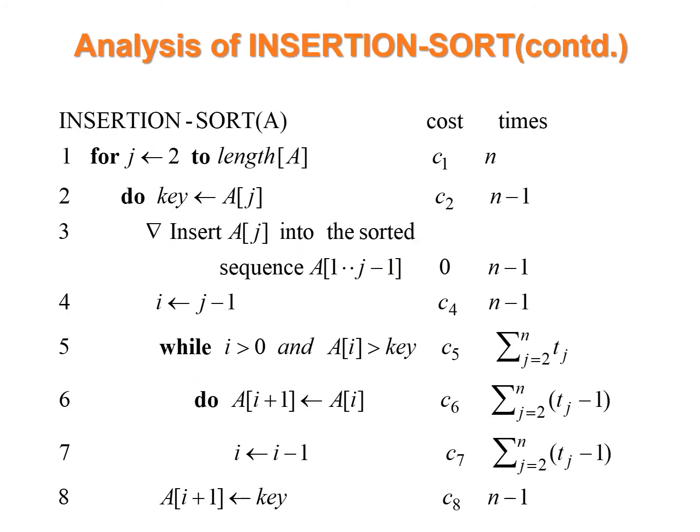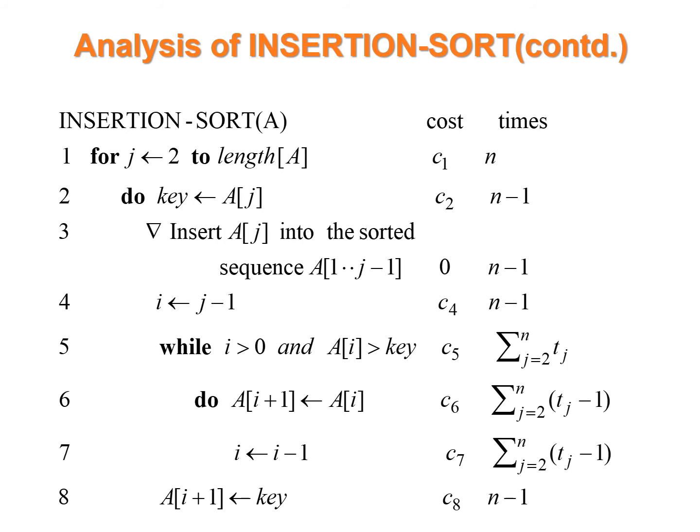Analysis of insertion sort. Step 1, for j from 2 to length of A: cost C1 times n. Step 2, key equals A of j: cost C2 times n minus 1.